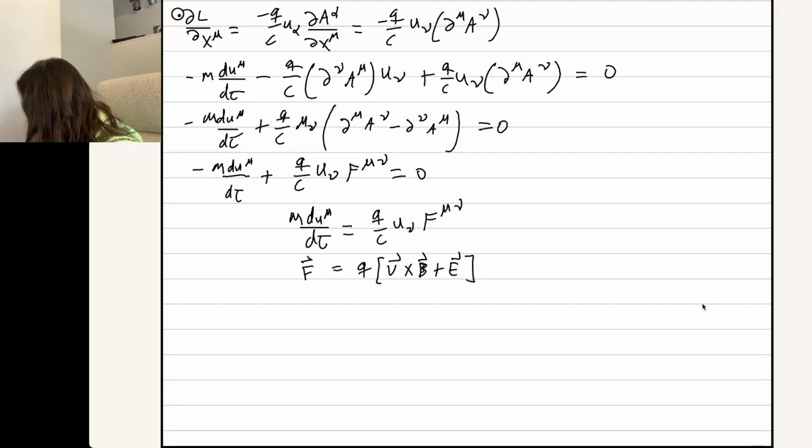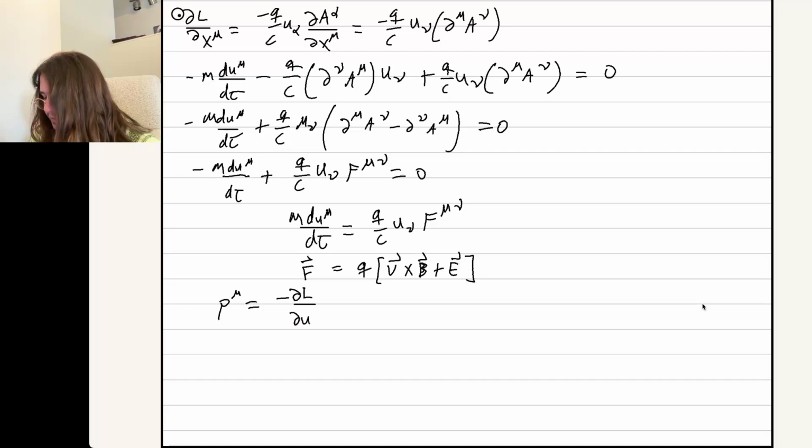And then the next bit of the problem is to actually get the Hamiltonian given all of this. To find the Hamiltonian, first we need to find the canonical momentum. Earlier in the chapter, Jackson defined the covariant form of the world momentum, p^μ, as minus the derivative of the Lagrangian with respect to the 4-velocity.